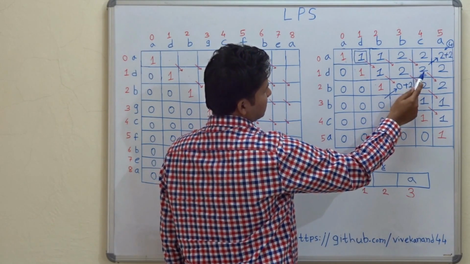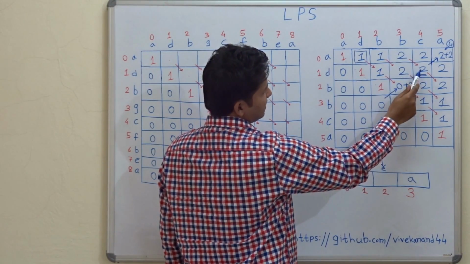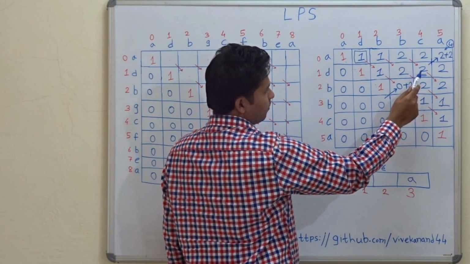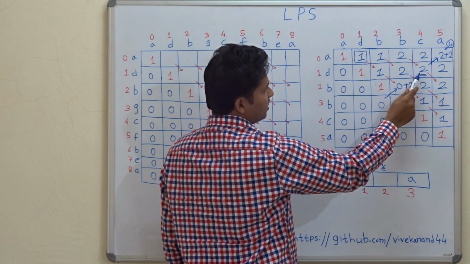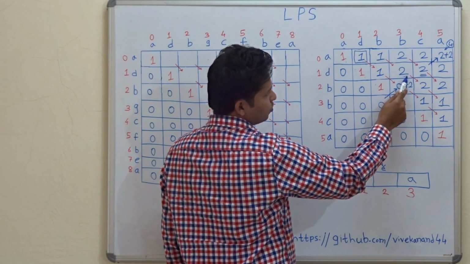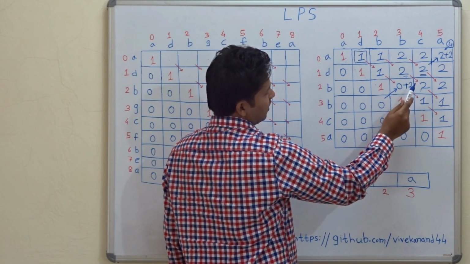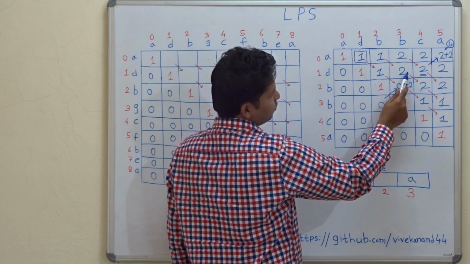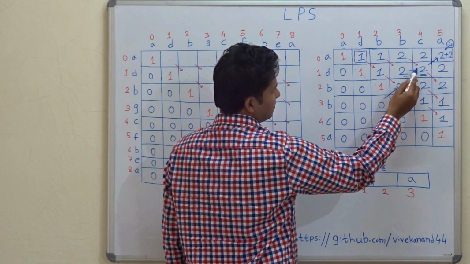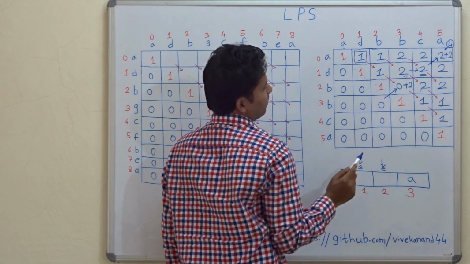In the cell 1, 4, for this cell, the characters did not match, so obviously the value will be max of this 2 and this 2, means this cell and this cell. So max of 2 and 2 is 2, so you can move in any direction. So I have made a horizontal arrow.